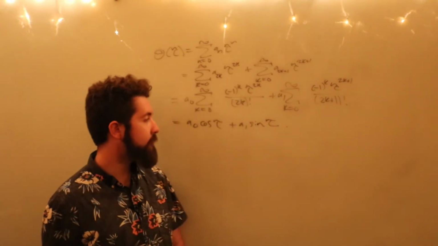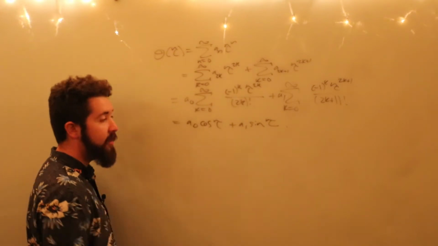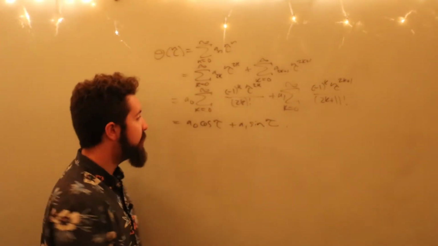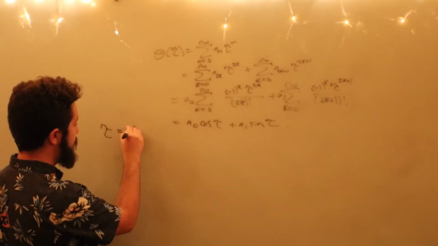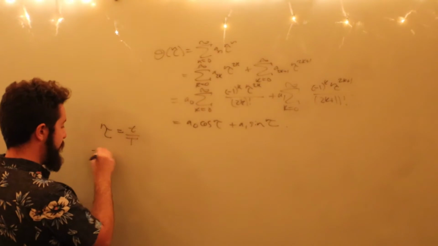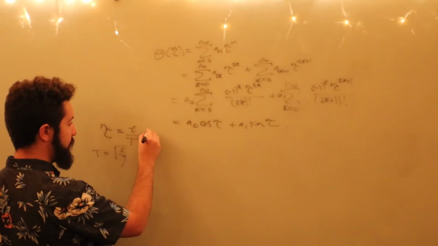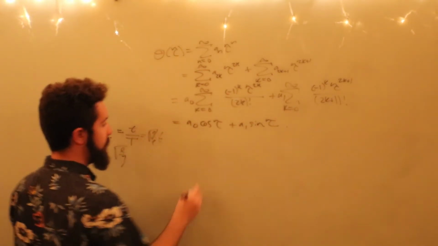Now, if we want theta in terms of t, we can reverse our substitution. We said that tau is equal to t over the period, where the period was the square root of L over G. This means that tau is equal to root G over L, so that flipped, times t.